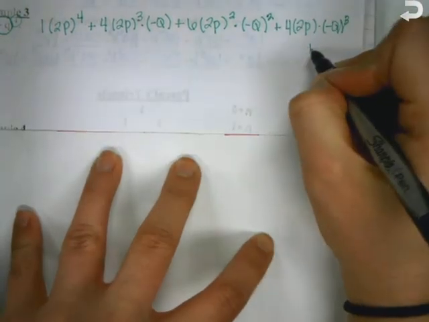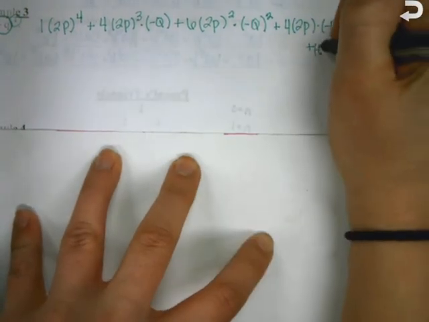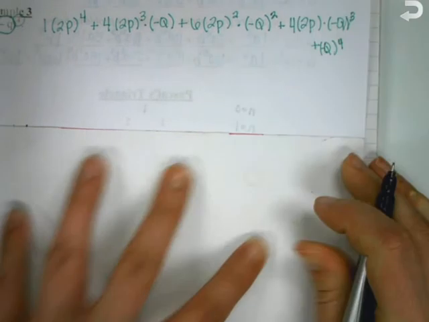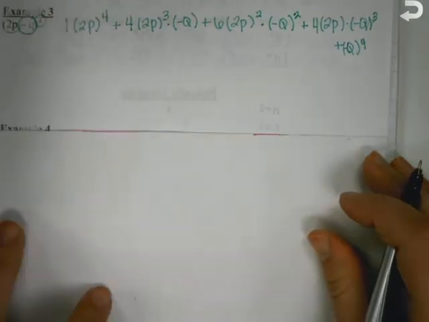We'll simplify it all out. So 1, 2p to the 4th. Everything is being multiplied here, so I can distribute that exponent.